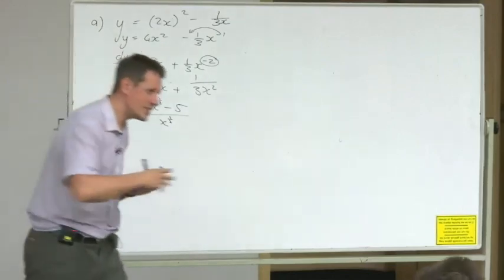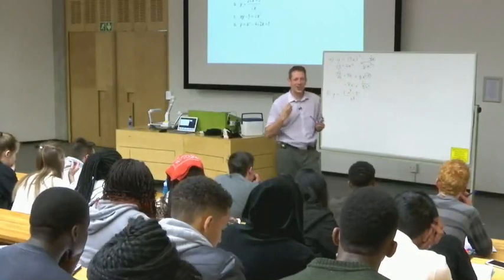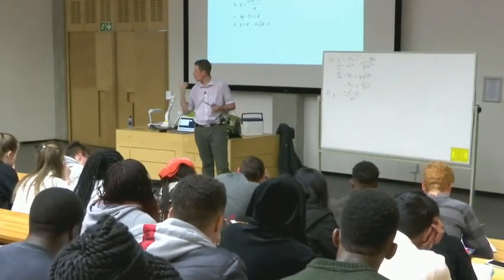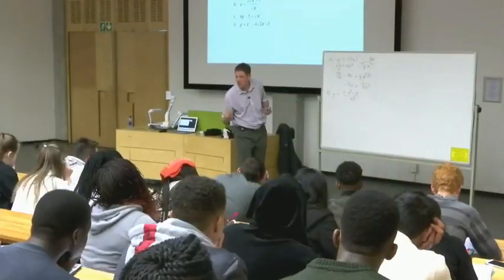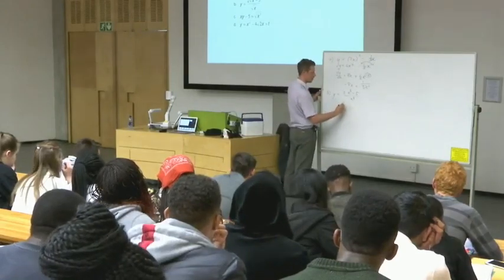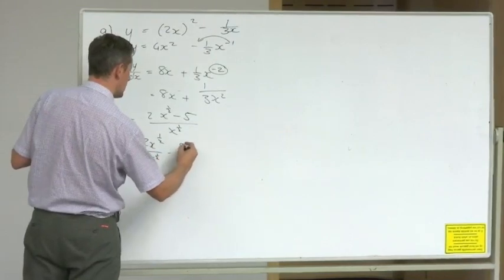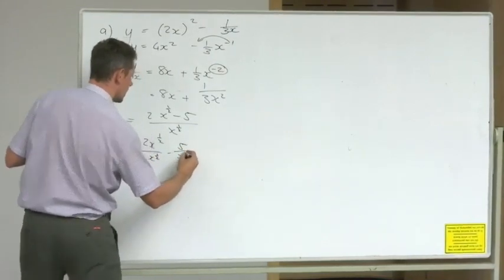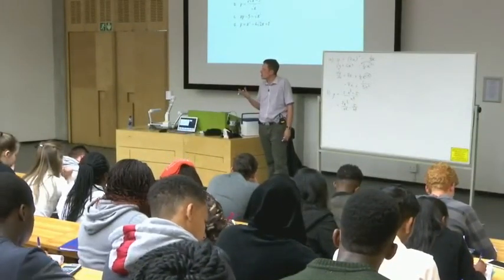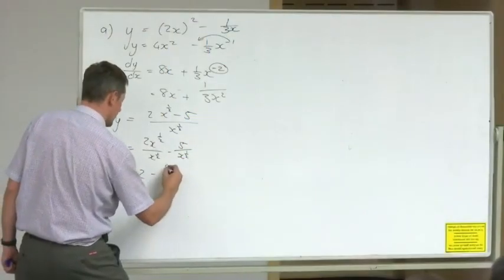And now, as I said to you, now you have to go back to grade 10 and ask yourself, how did I handle fractions where there was one thing in the denominator? For me, the easy thing is to split up. To go 2x to the half over x to the half minus 5 over x to the half. For me, that's easier. So this gives me 2 minus 5.